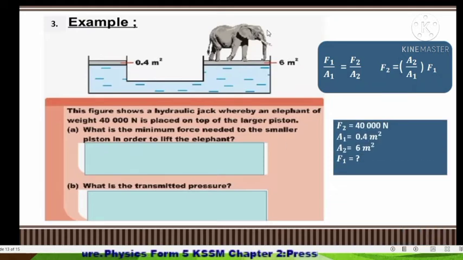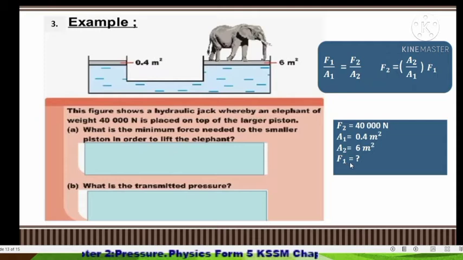Information given: the output force F2 is 40,000 Newton. Area of the first piston, A1, is 0.4 meter squared. Area of the second piston, A2, equals 6 meters squared.